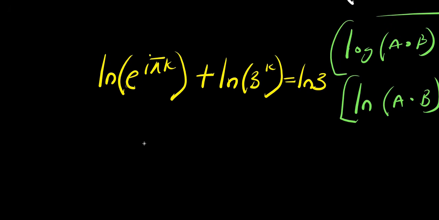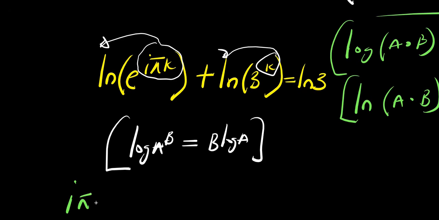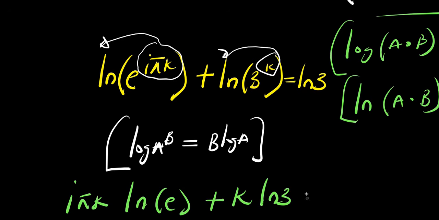Then another property of logarithm, if you have log a^b, this equals b times log a. So this will come behind this, and also this will come behind this. That means we are going to have i times pi times k times natural log of e plus k times natural log of 3 equals natural log of 3.